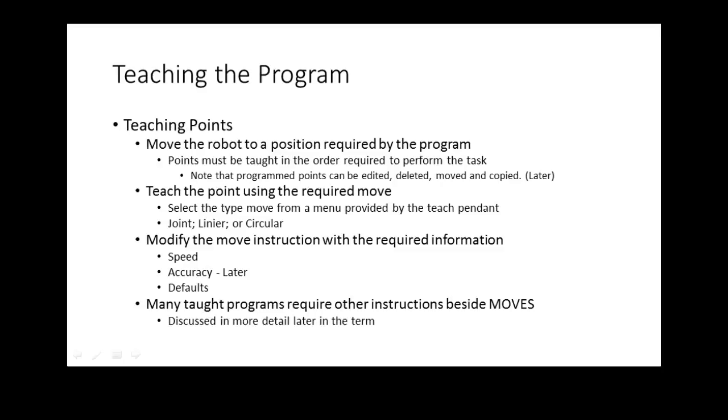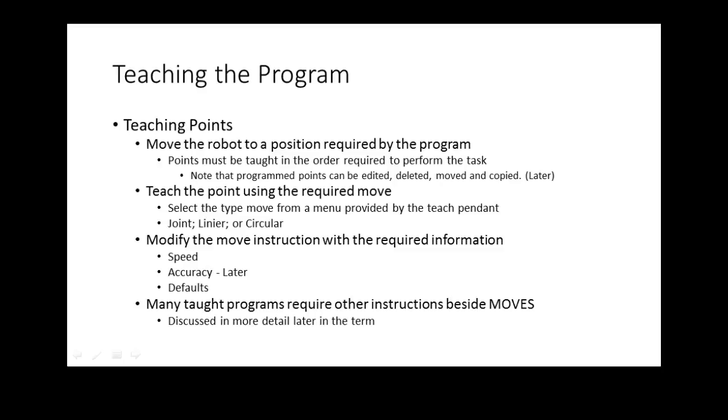So why a joint move is faster is that it's the ability to turn those motors on fastest. The controller doesn't have to do any calculations. It just turns all the motors on at a percent speed. When it's doing a linear move and a circular move, the controller has got to do a lot of math, right? To understand what axis to move to cause that end of arm tool to move in a straight line. It's going to take quite a bit of computer power.